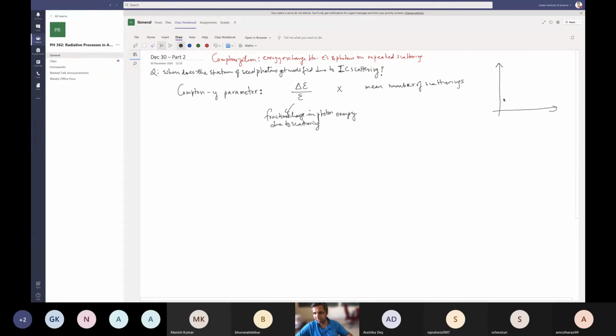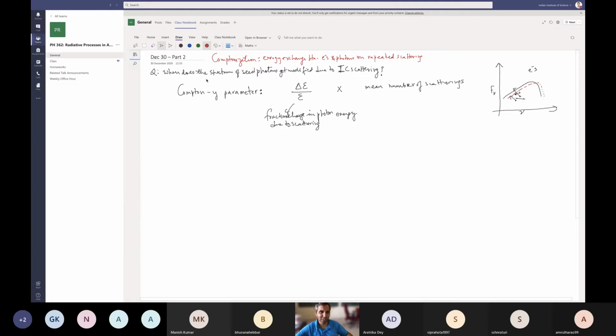So basically, suppose you have a log plot, and you have a black body spectrum, and there are electrons here, isotropic electrons, and they are interacting with this photon field. The question is, when does the observed spectrum get significantly changed due to scattering, right?